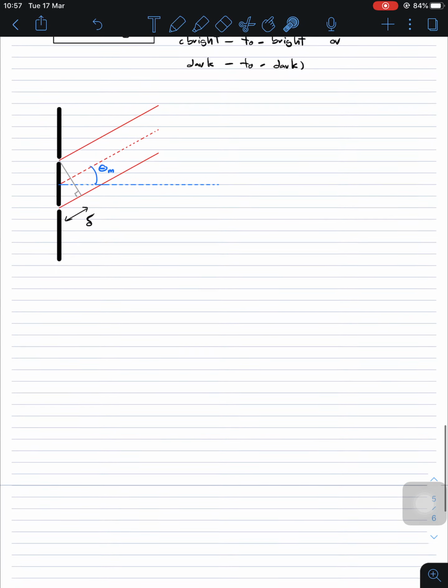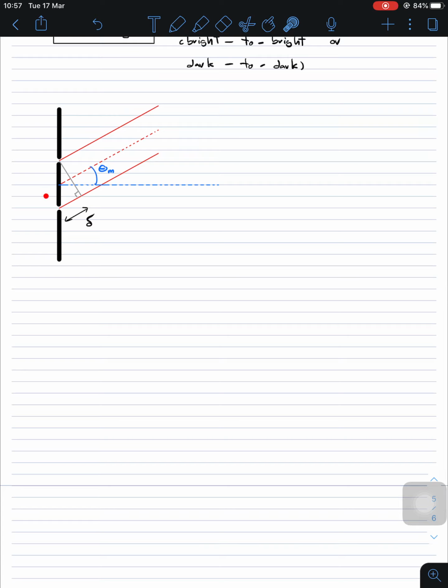The delta here. And we know that this part has a length equal to d. The d here is just the separation between the two slits. If this angle equals theta m, it means that this angle equals theta m as well.